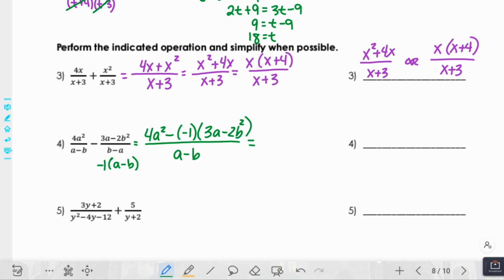So this becomes 4a squared plus 3a minus 2b squared all over a minus b. And so that's our answer, because you can't factor 4a squared plus 3a minus 2b squared. So that's going to stay the same.